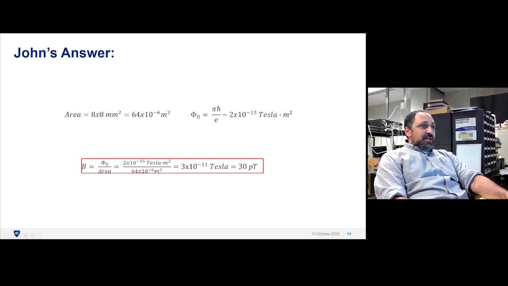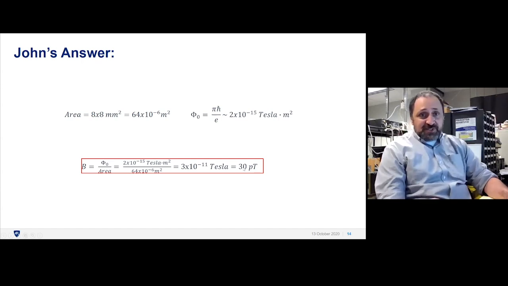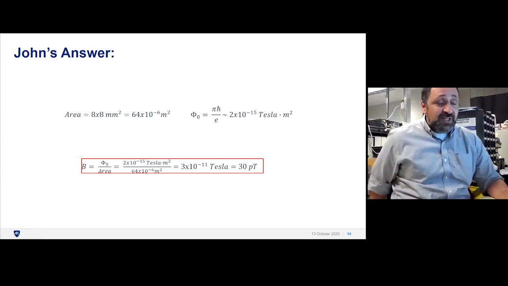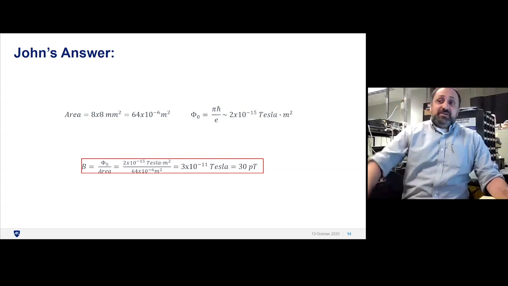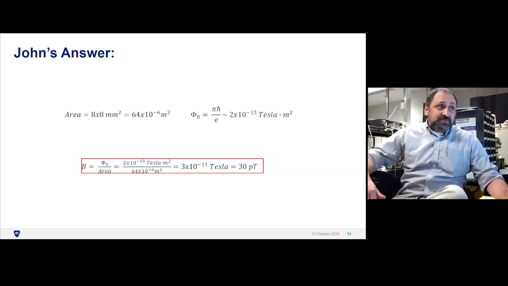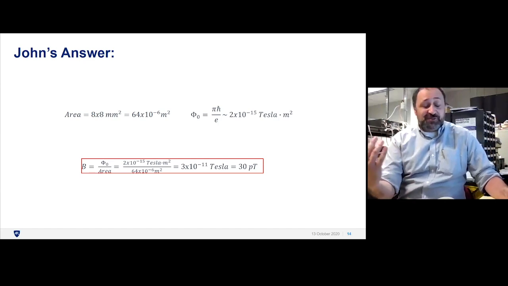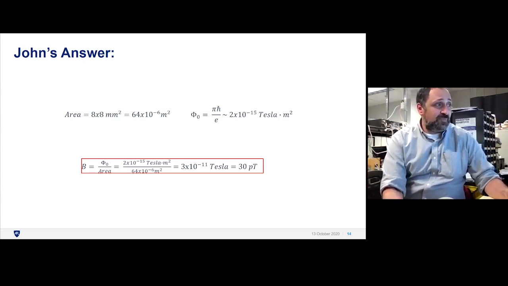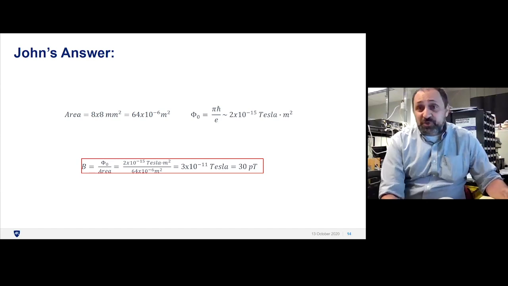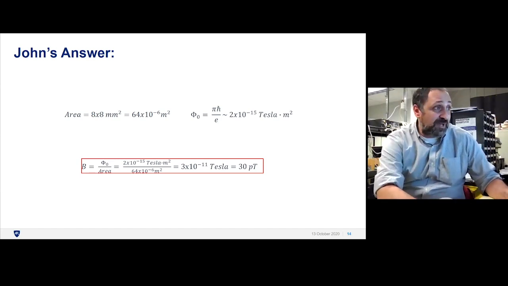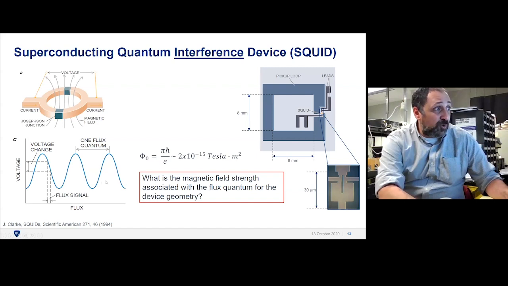So that's 3 times 10 to the minus 11 Tesla, or 30 picoteslas, where a picotesla is 10 to the minus 12, or 1,000th of a billionth. So that shows why it's a really good sensor, because if you go back, that's for a whole flux quanta. But if you sit here on that slope, you can measure a fraction of that.